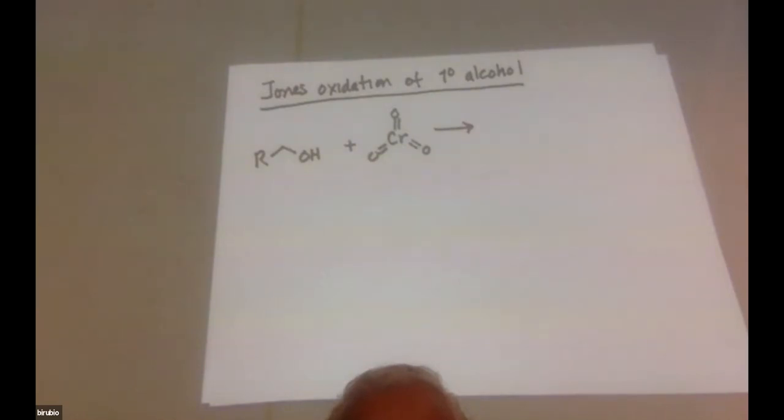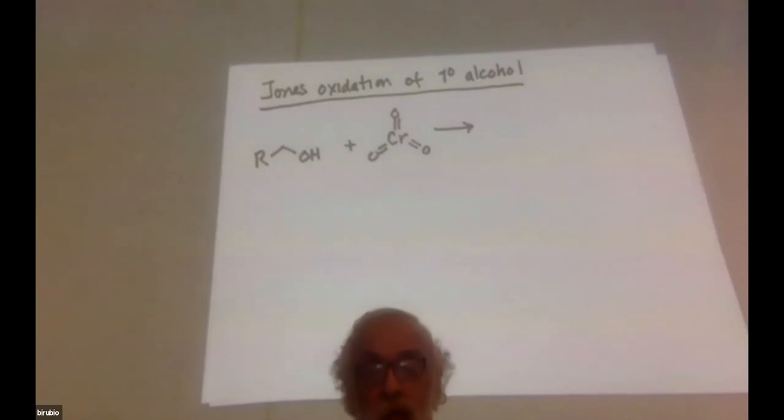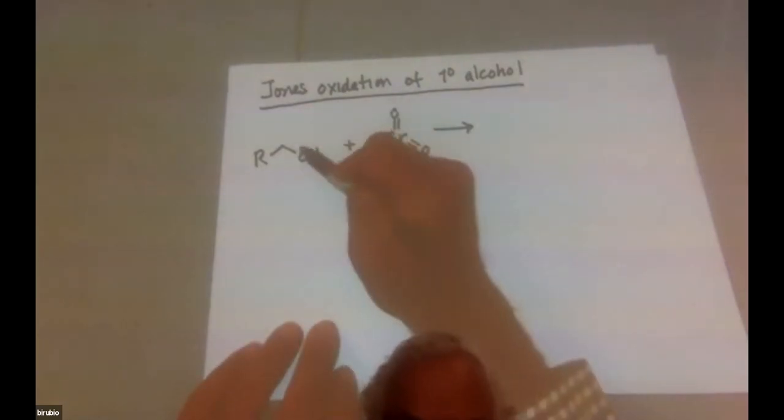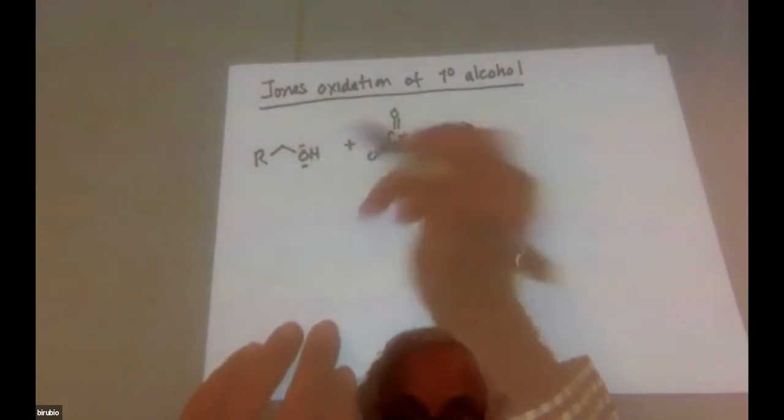Oh, the CrO3, that is the electrophile, because you have that poor little tiny chromium atom that is bonded to all of this highly electronegative oxygen, sucking electrons away from that chromium. Yep, so this chromium atom, that's the electrophile. And the oxygen atom of the alcohol, that's the nucleophile.